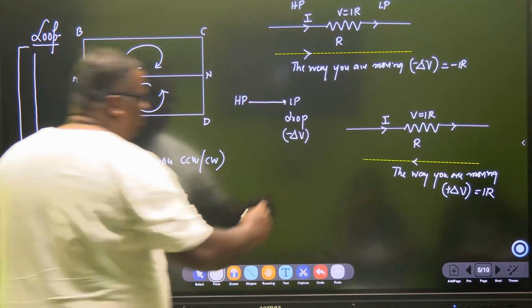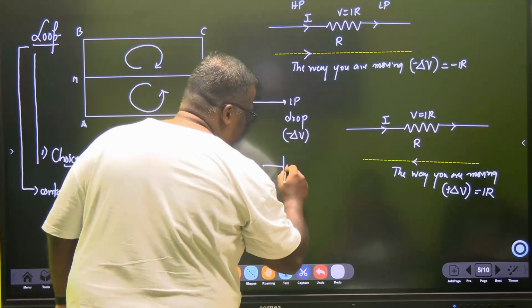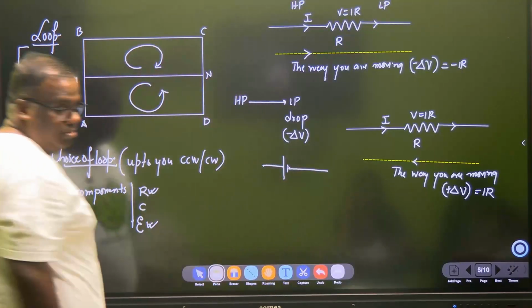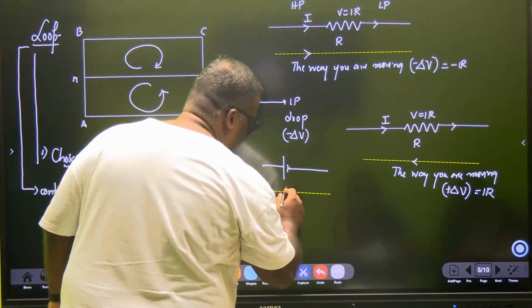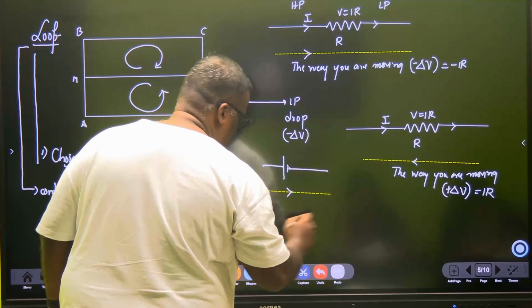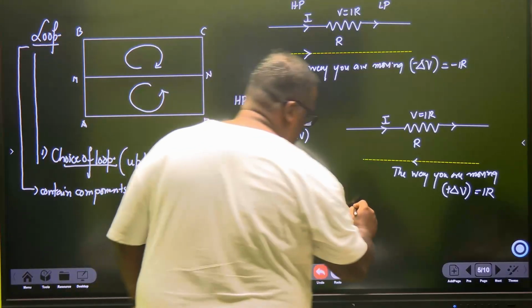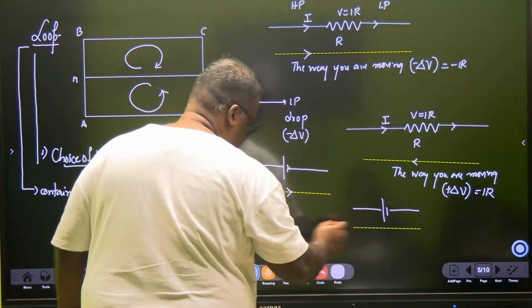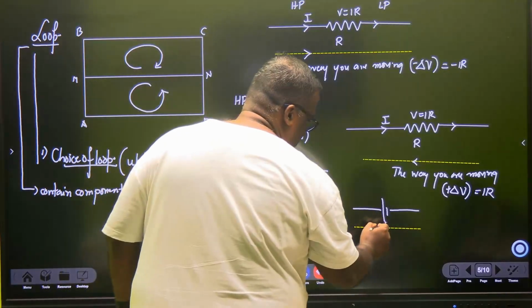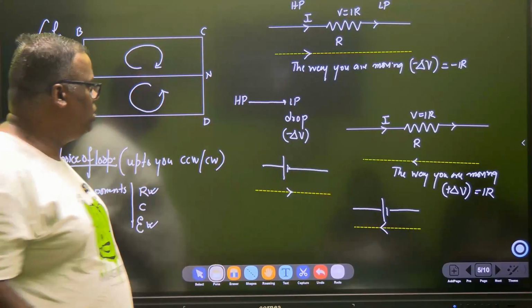Similarly, we can also encounter a cell. And when we have our cell, we can have 2 types of movements. This is my cell and my movement is like this, which means my movement is this way. Now look yourself.